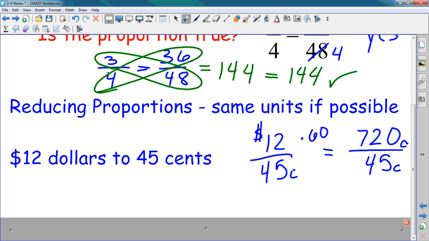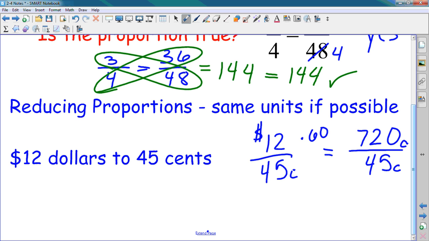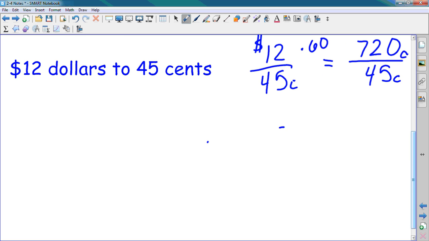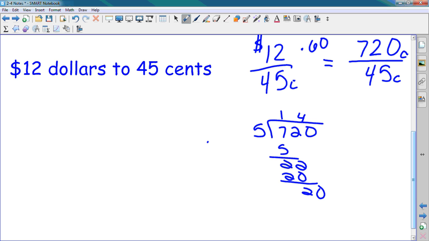So we know that we're talking about cents. Can I reduce 720 and 45? Absolutely. You can divide both of those by 5. Let's go ahead and do that. 720 divided by 5 is 144. 45 divided by 5 is 9. Can I go farther?